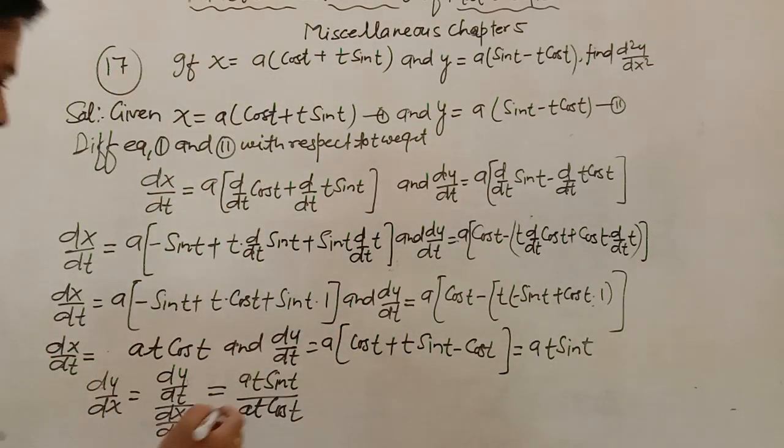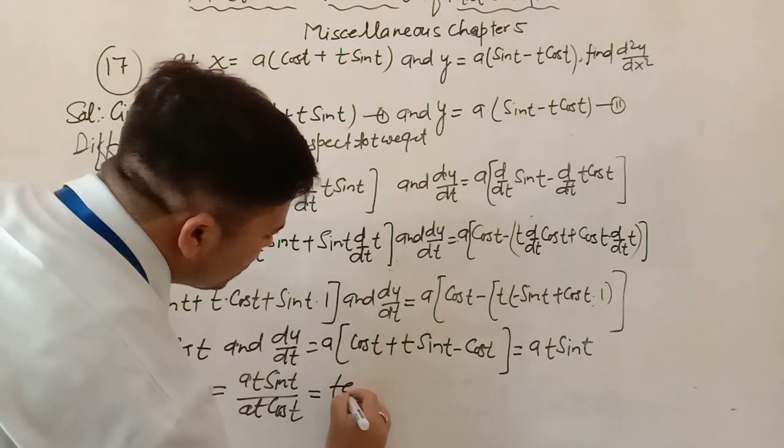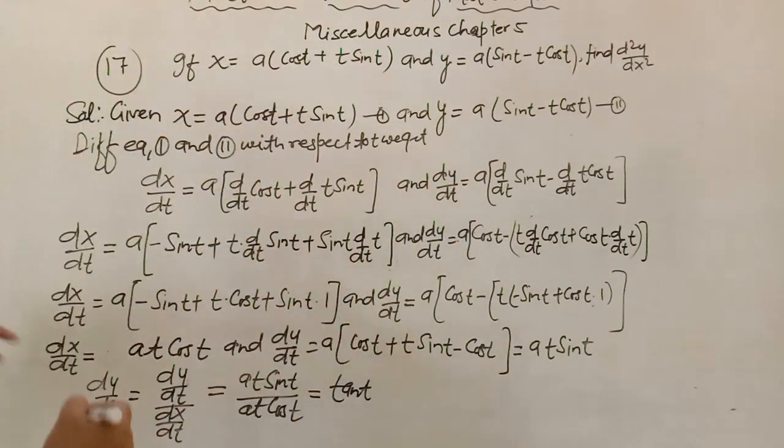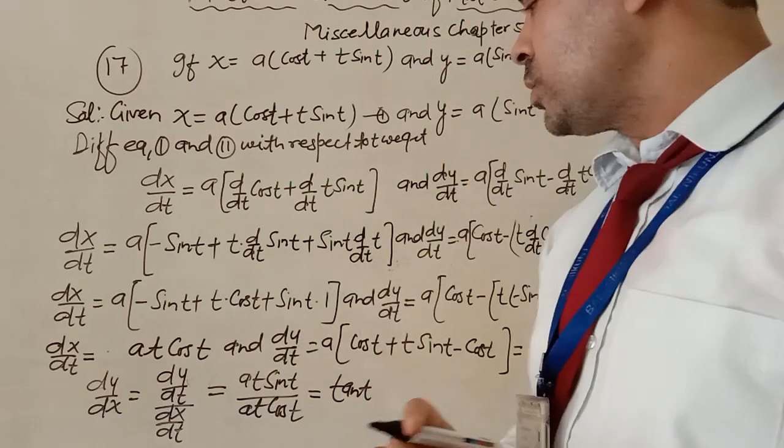The a t cancels out. This is sin t upon cos t, which gives you tan t. Now you need to find out the value of d2y upon dx2.